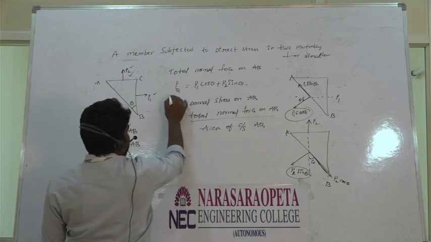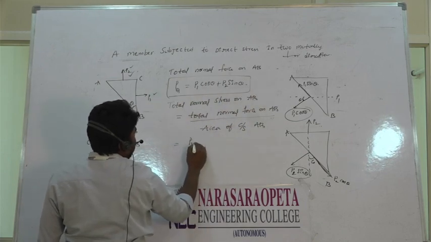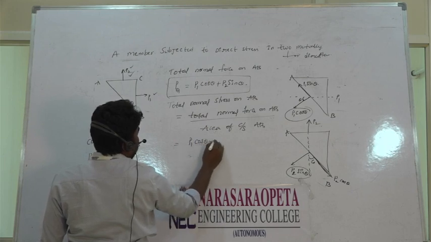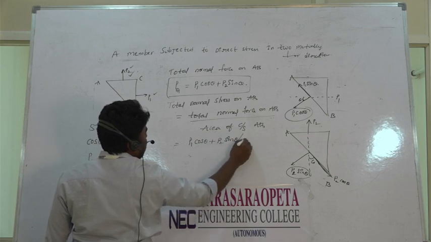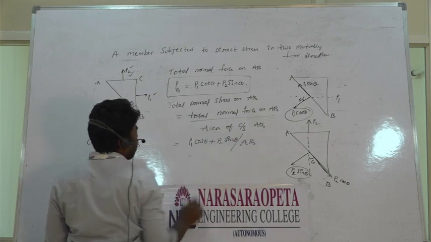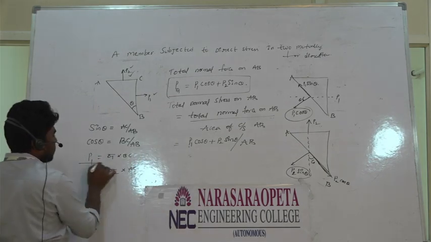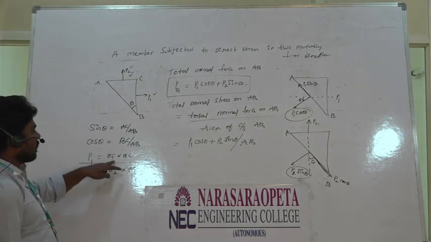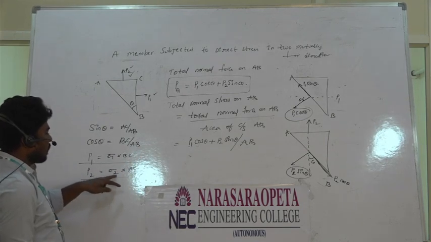We know the total normal force on AB, so P1 cos theta plus P2 sin theta by area of the cross section AB. And we already found P1 equal to sigma 1 into BC, and P2 is sigma 2 into AC.